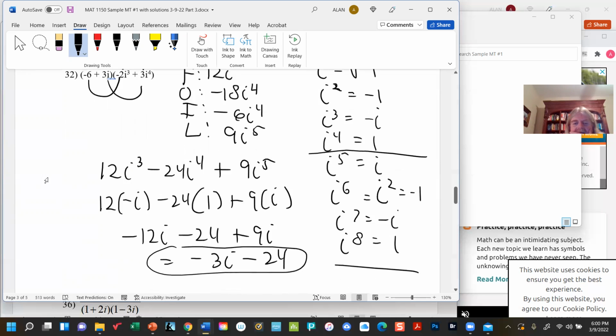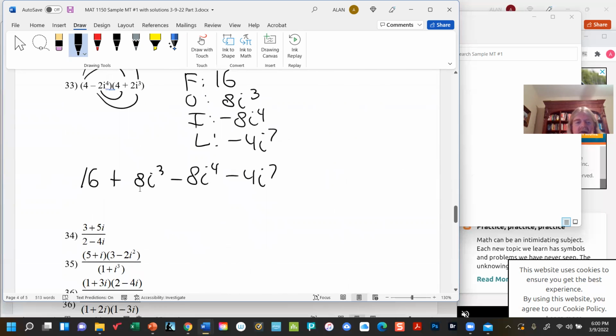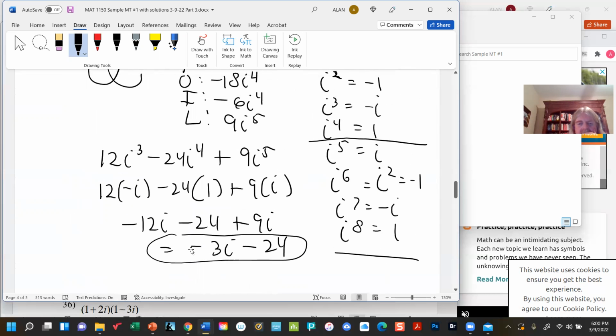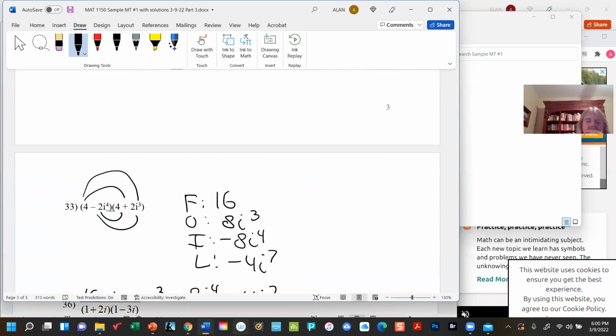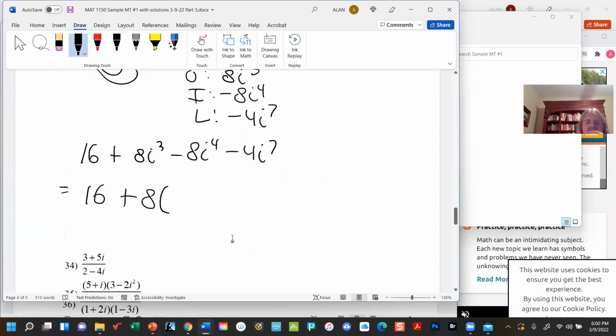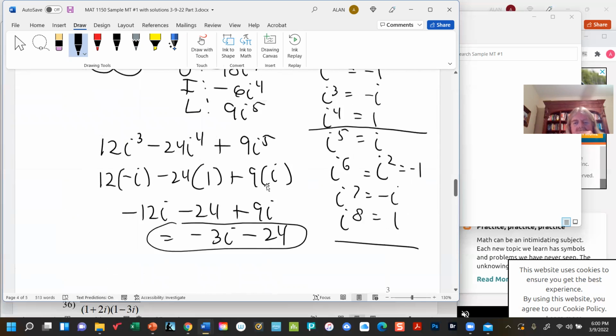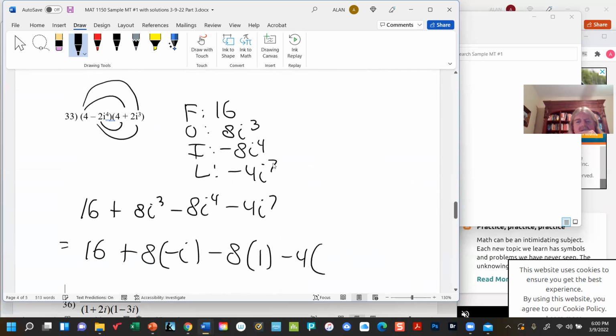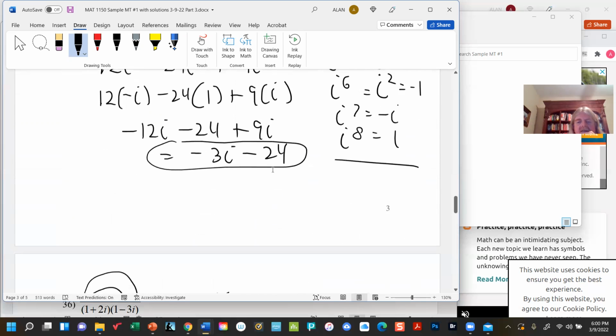Okay, so what do we have here? So 16. i cubed is negative i. i to the fourth is 1. i to the seventh is negative i.